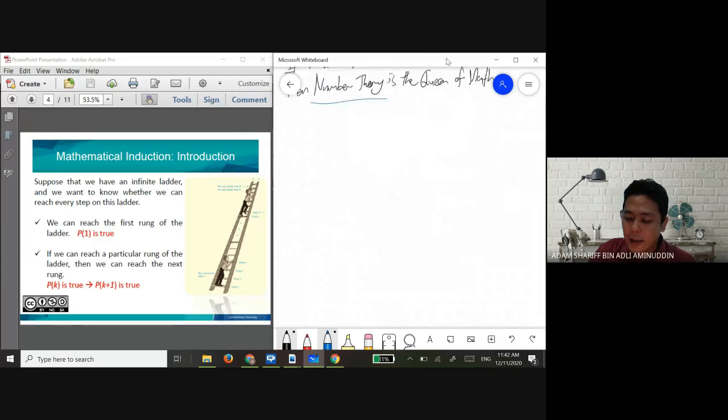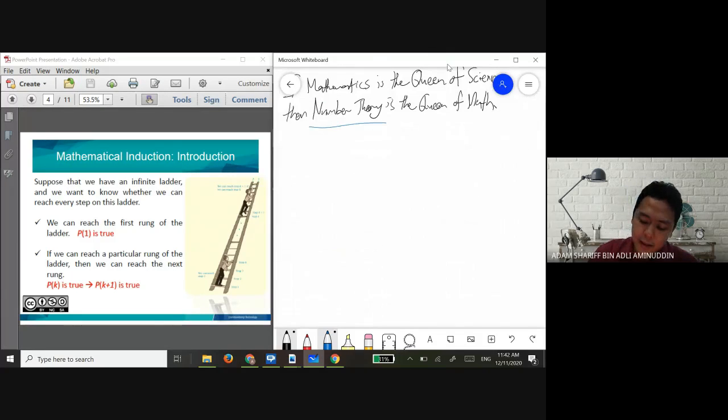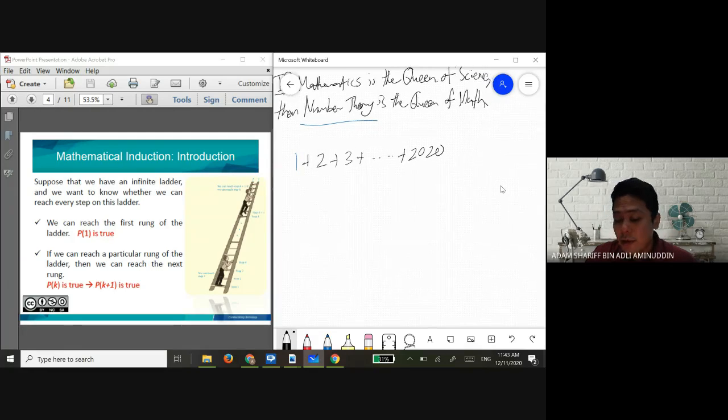So with this formula, you can not only know the summation of 1 until 100, you can also know what 1 plus 2 plus 3 plus until 2020 is. This is the year 2020. You don't need to add up using your calculator. You already know that it can be found in a matter of minutes.